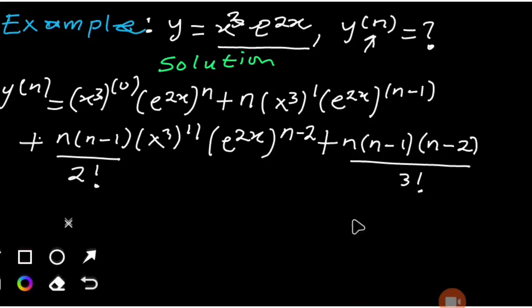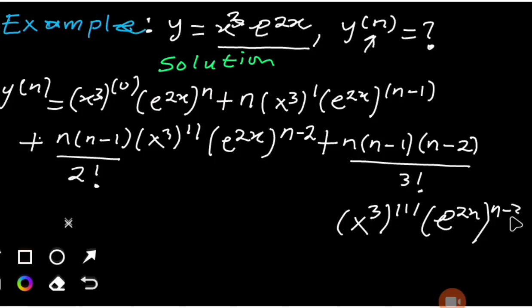Now the derivative of x cube will increase by 3 this time, that is 1, 2, 3, while the derivative of the exponent of 2x will definitely reduce by 3. So this is just the formula that will enable us to do this.